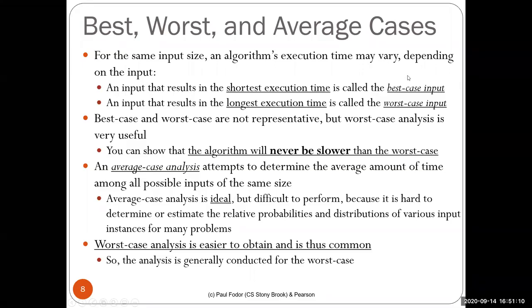For instance, for linear search, if the element is the first element in the array, that's a best case. It gives you immediately the index of that element. For other algorithms, it's something similar. For binary search, if the input is the element in the middle of the array, that's also the shortest execution time. So that's a best case input.